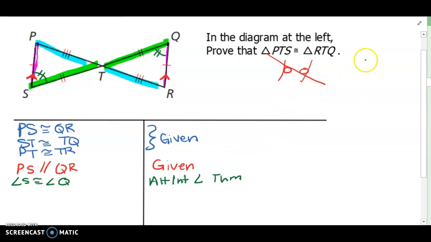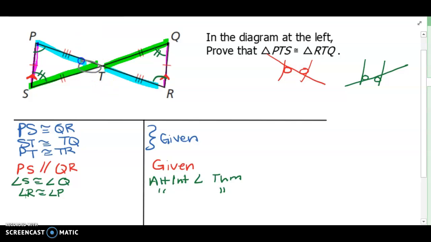And then likewise, if I have two lines here and I have a transversal that goes here, this angle and this angle would be congruent. Well, guys, that's just angle R and angle P. So I could say angle R is congruent to angle P by the same thing, alternate interior angle theorem. Okay, so I've shown two angles of one triangle are congruent to two angles of the other.